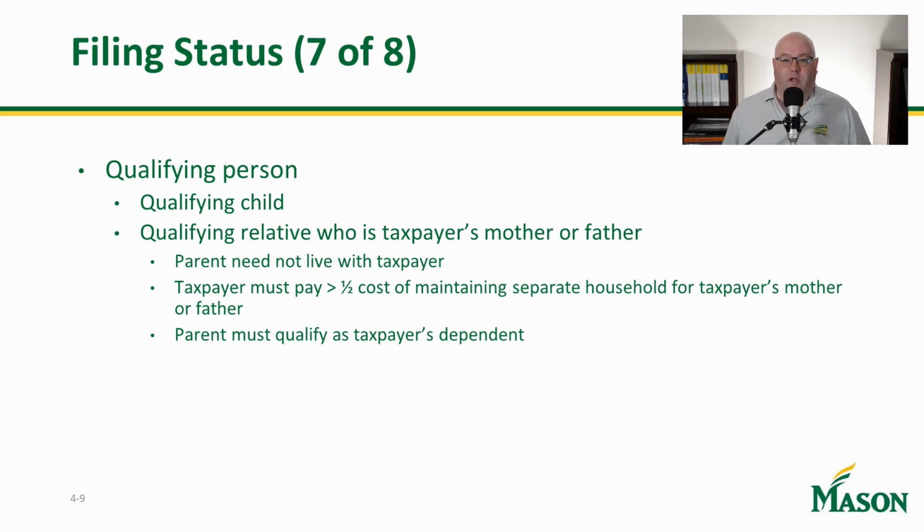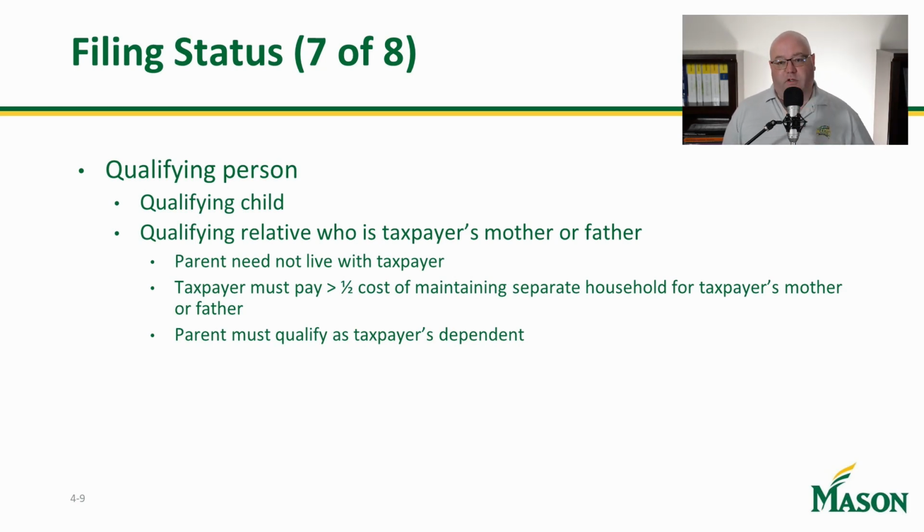If you have a qualifying relative who's a mother or father, the parent doesn't need to live with the taxpayer. And that's actually a big misconception I run into with a lot of clients. They think that mom and dad have to live with them, and that's not the case. Especially if you have a mother or father who can't take care of themselves.